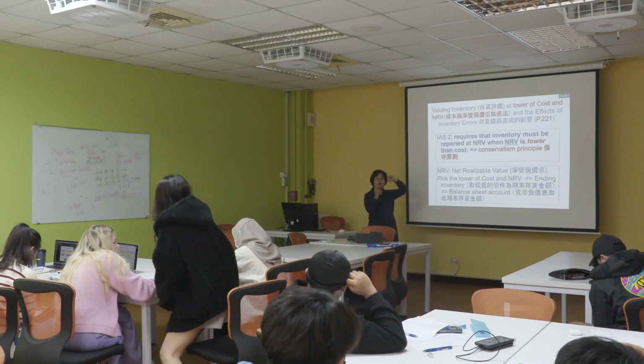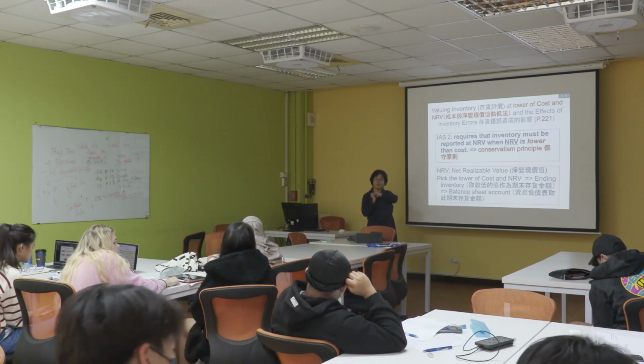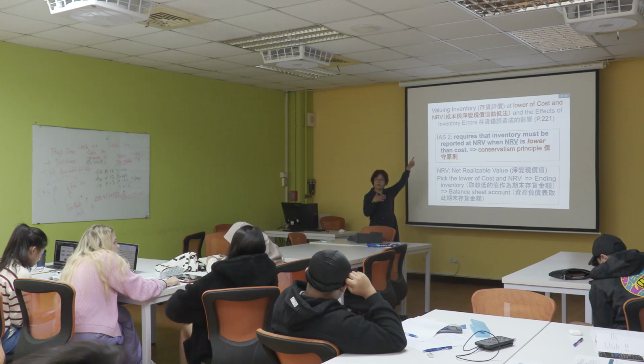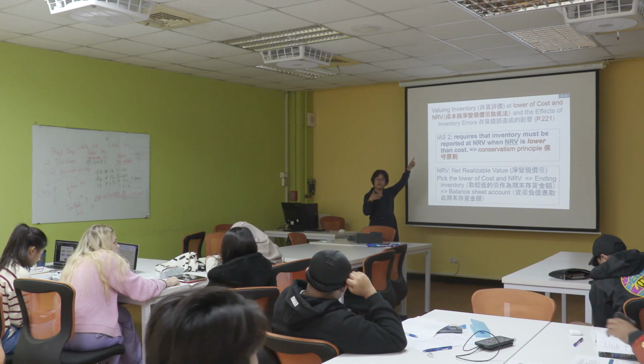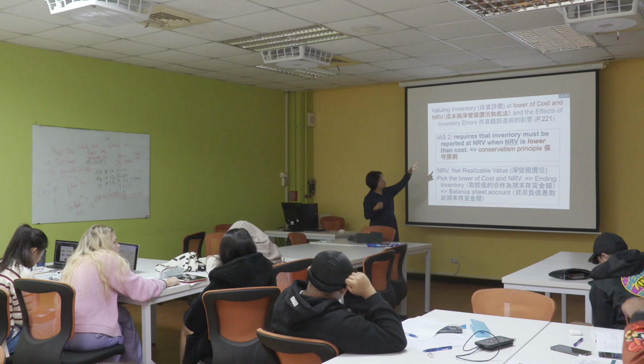For IFRS, on the last day, balance sheet day, you always have to do a final evaluation for all your asset value, to make sure they are close to the market value. We call that valuation of inventory. This is very important: lower of cost and the NRV.